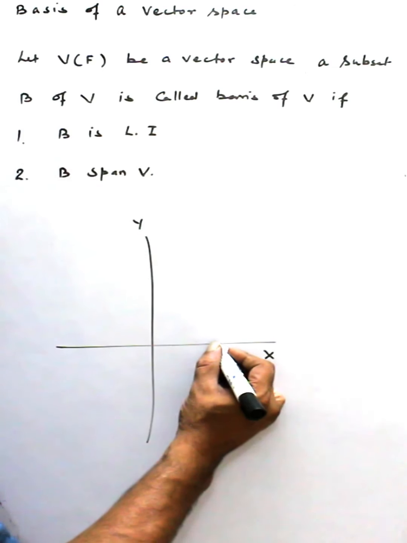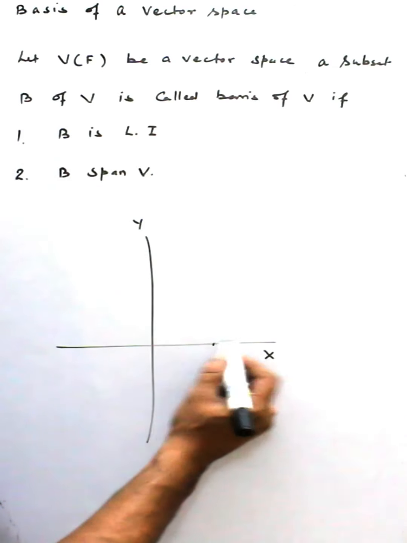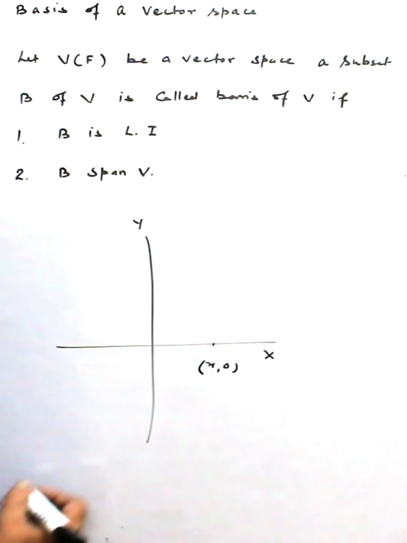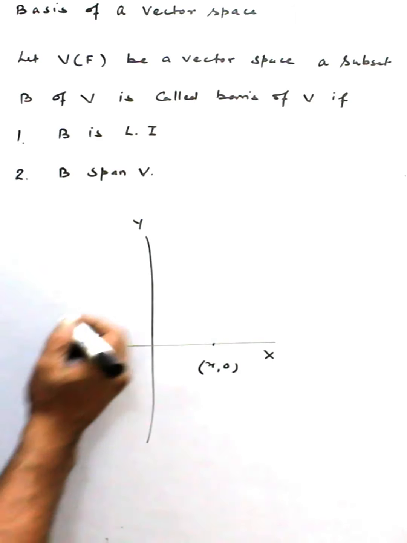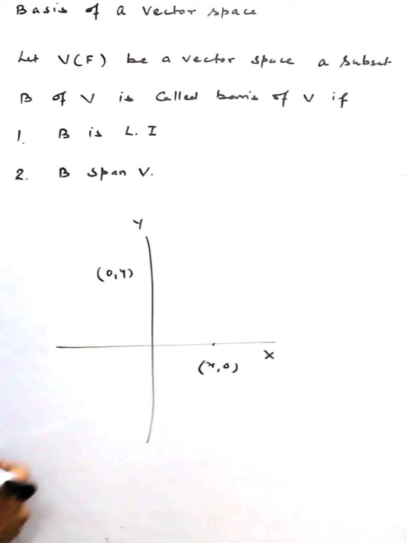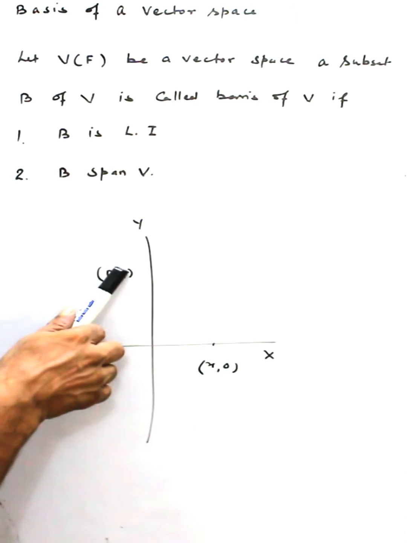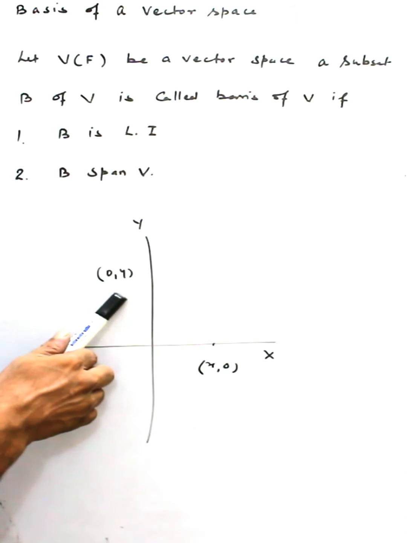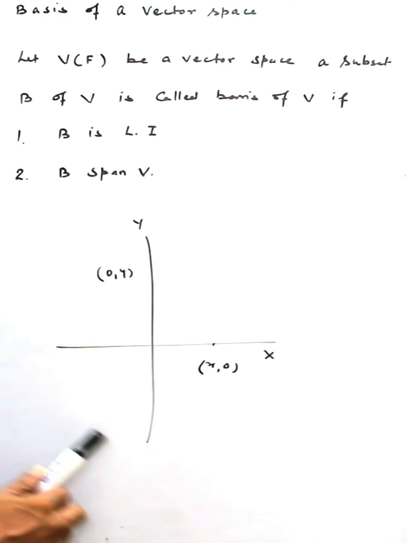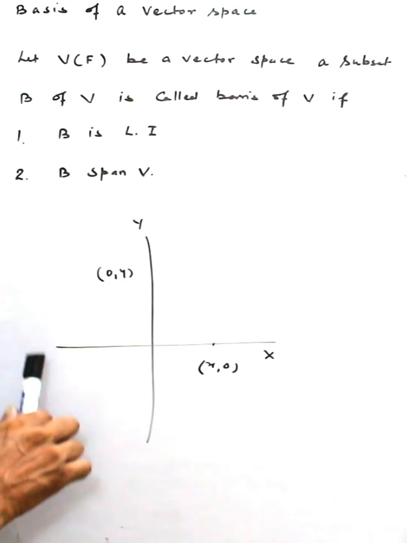Any vector on this line is this type of, and any vector on this line is this type of, right? x belongs to R and y belongs to R, so x can be positive or negative.